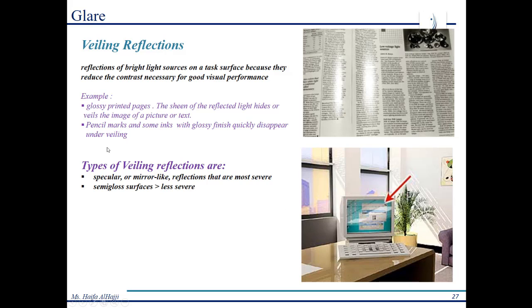So we have these types of veiling reflections. We have specular, mirror-like, like this one, and we have semi-gloss surfaces, which are less severe. With this one you can still somehow maybe see it, but it's very bright in this condition. So it depends on the material of the surface. The more glossy it is, the worse it is. For example, sometimes we can experience it with pencil marks because pencil will also reflect the light.